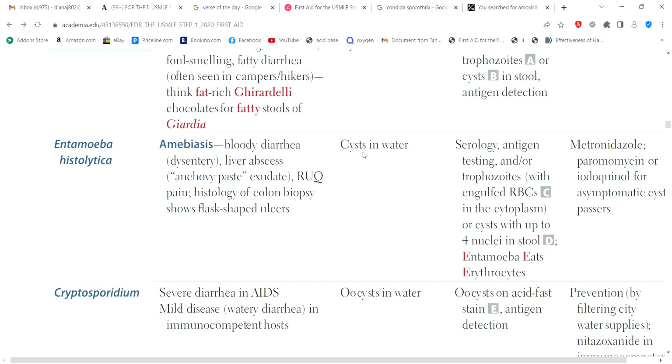Paromomycin is a luminal agent to destroy the cysts. That's all you need to know. Serology is to detect anti-amoeba antibodies.